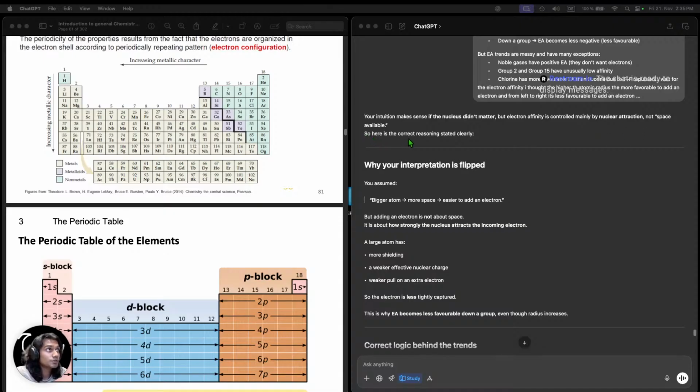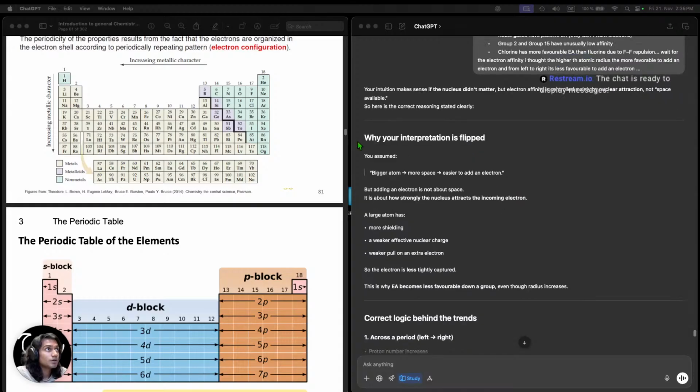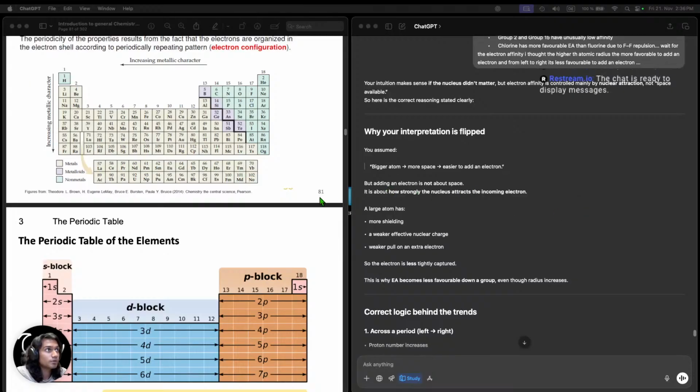So here is the correct reasoning. Why your interpretation is flipped: bigger atom, more space, easier to add an electron, but adding an electron is not about space, it's about how strongly the nucleus attracts the incoming electron. A larger atom has more shielding, weaker effective nuclear charge, weaker pull on an extra electron, so the electron is less tightly captured.